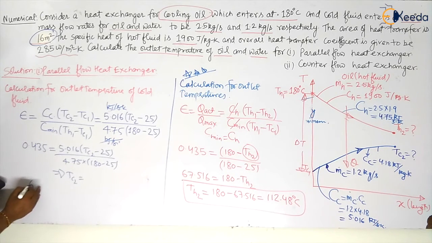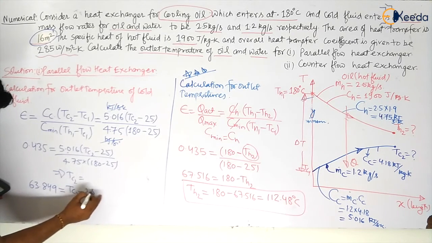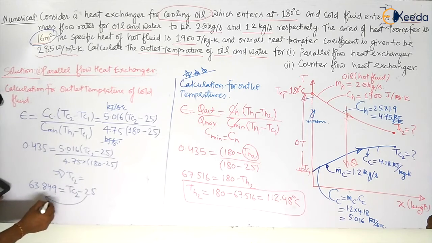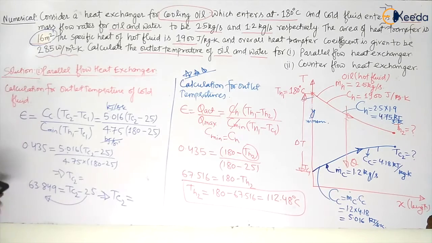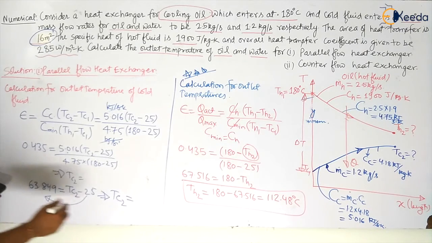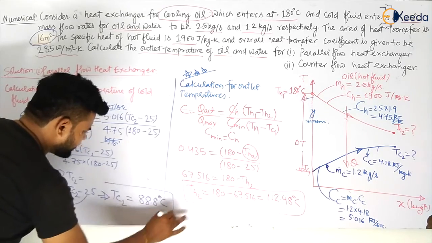So this value will become 63.849 is equal to TC2 minus 25. So this will come to the other side and be added, so TC2 is equal to 63.849 plus 25, which is 88.8 degree Celsius.